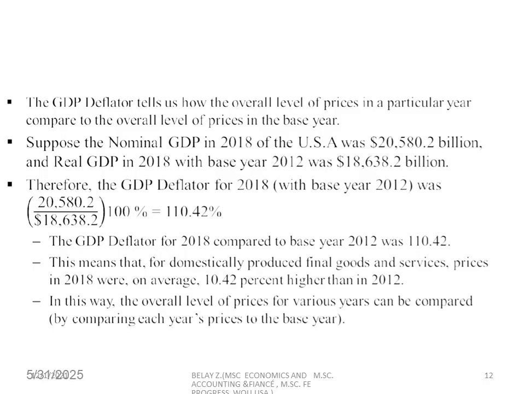In this way, the overall level of price for various years can be compared by comparing each year's price to the base year. By comparing with the base year, we can identify whether price has changed or not, and also we know our real value or productivity by using this technique.